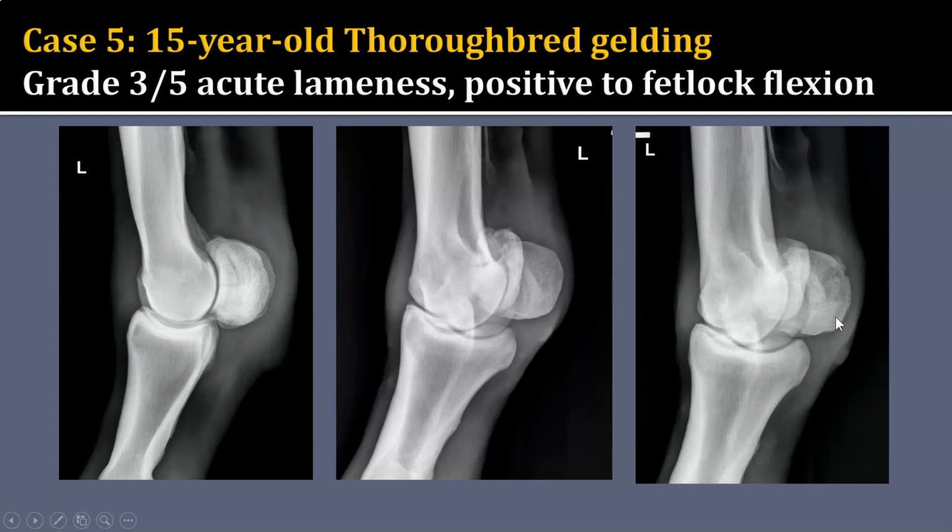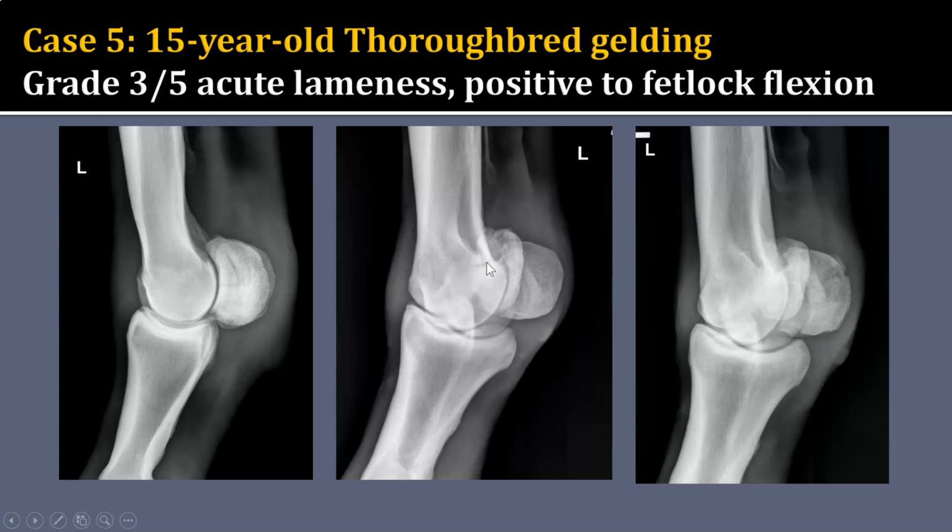I believe it has more sclerosis in it compared to the much more normal looking lateral proximal sesamoid. It has a few little vascular channels and a pretty normal margin. But I'm going to keep looking closely because there's still this other unusual area.